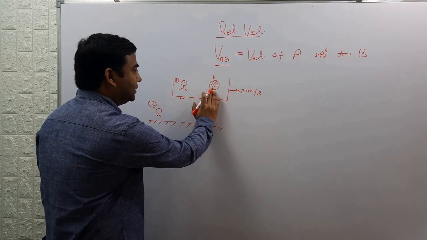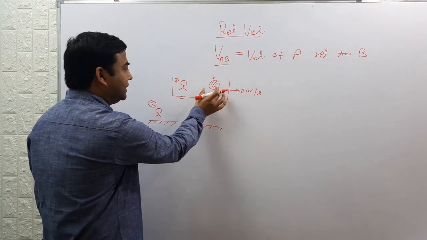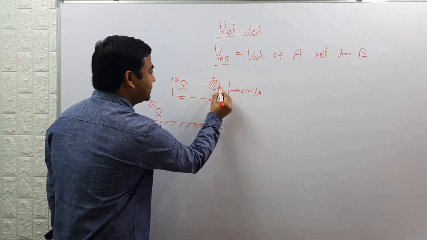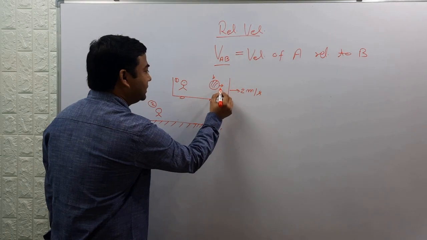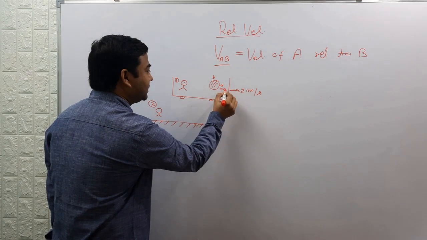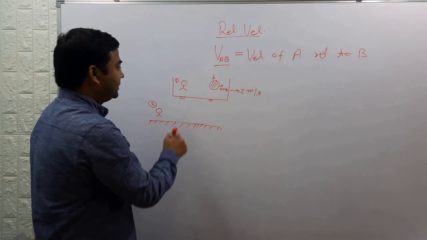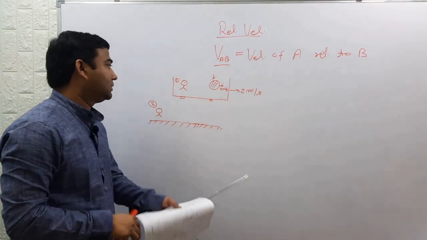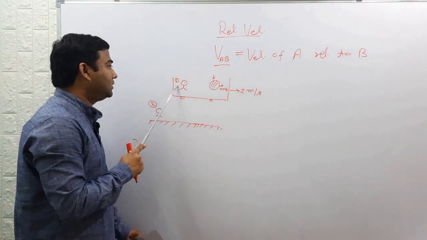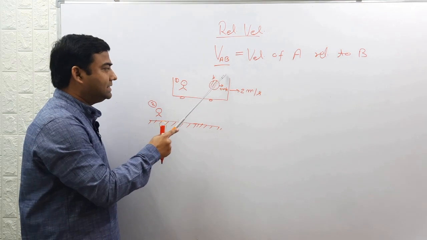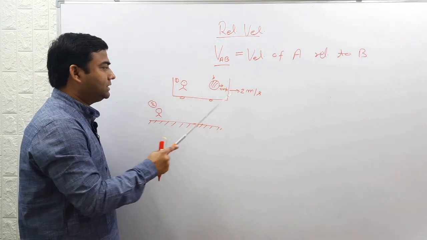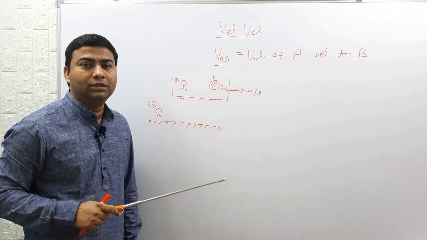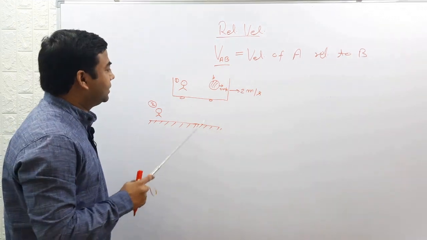Let this ball inside the cart move with velocity 4 meters per second. That is, observer 1 observes this ball inside this cart, which itself is moving with velocity 2 meters per second.